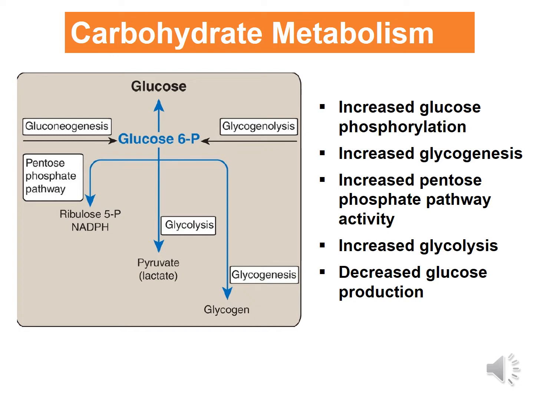Hepatocytes house many different metabolic pathways and employ dozens of enzymes that are alternately turned on or off depending on whether blood glucose levels are rising or falling out of the normal range.